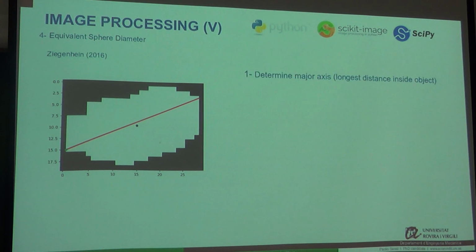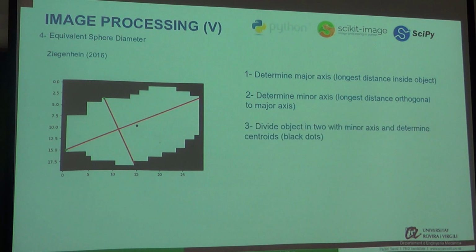Then we determine the minor axis as the one that is perpendicular to it and the longest possible, and also the closest to the centroid. This is the centroid of the particle. Then we divide the object in two with the minor axis.